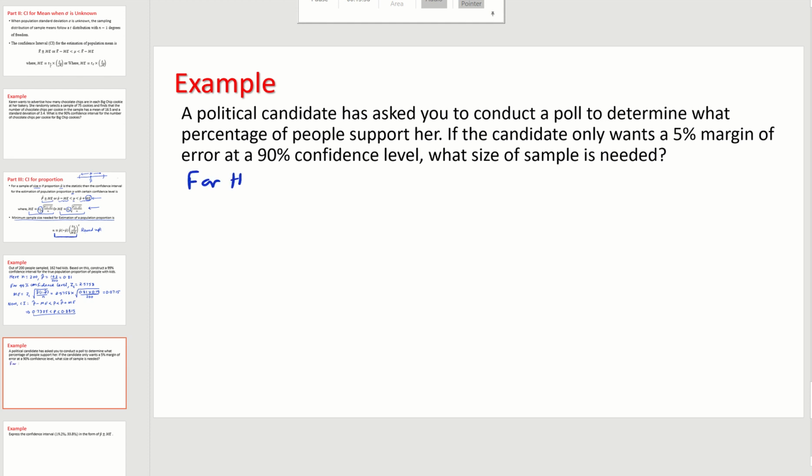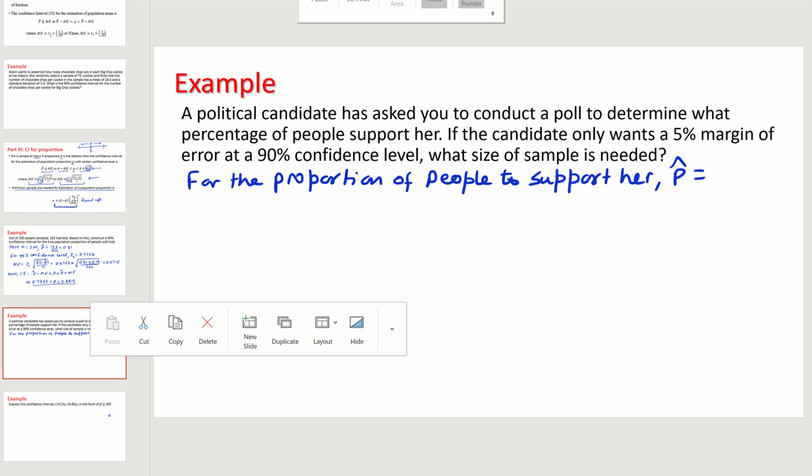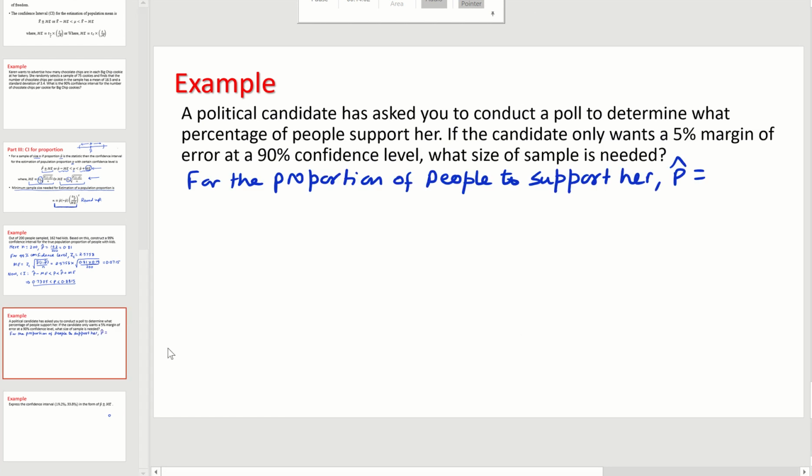For the proportion of people to support her, P hat must be at least 51%. That is what it is.